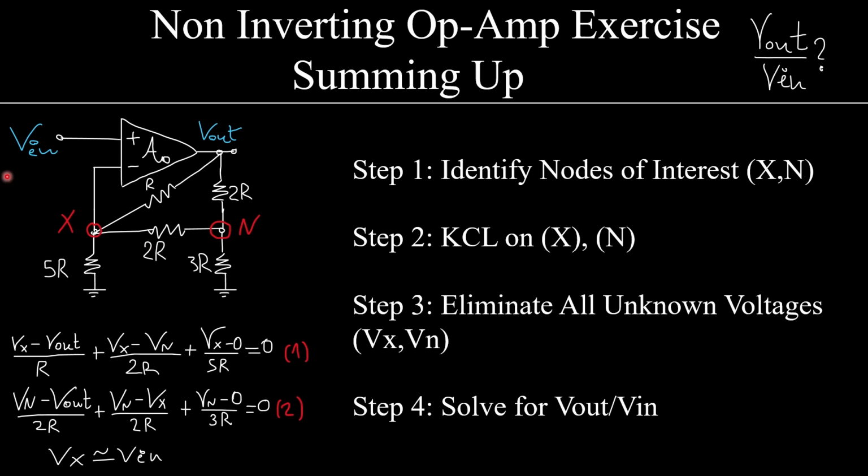Solving the previous system will give us one equation. In this one equation, we will have one Vout and Vin, and we will be able to solve for Vout over Vin.